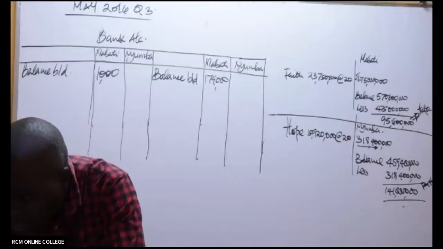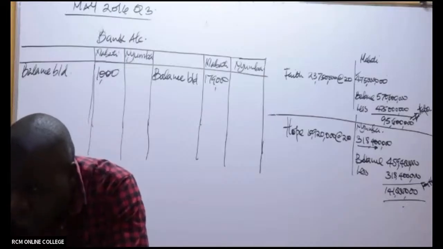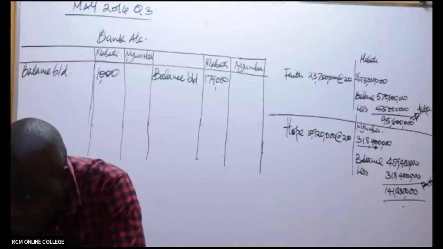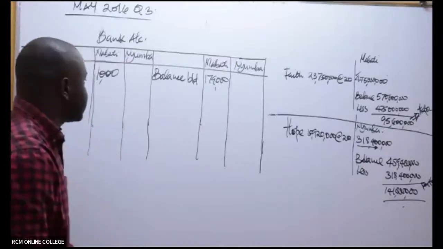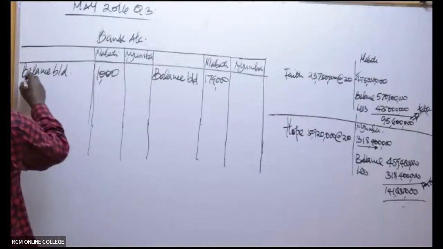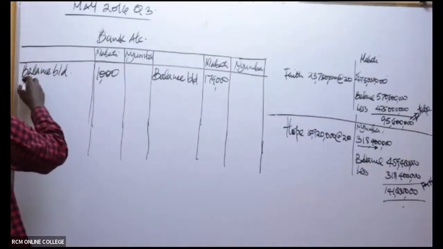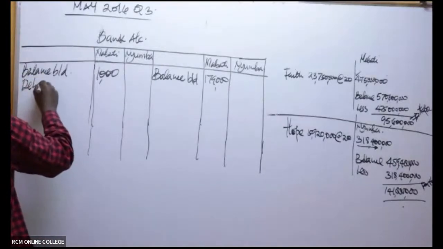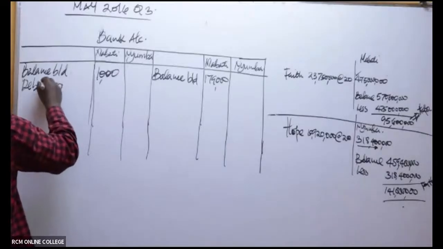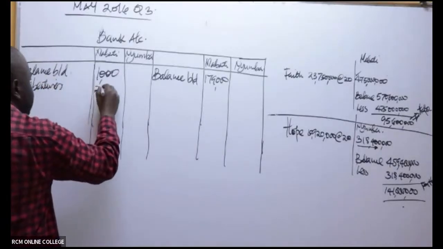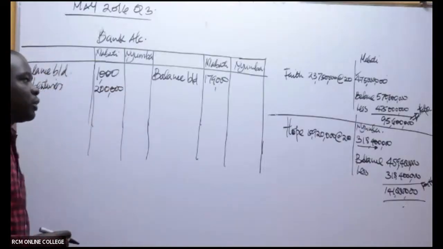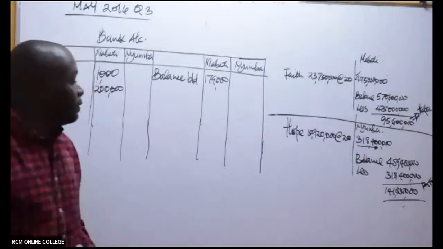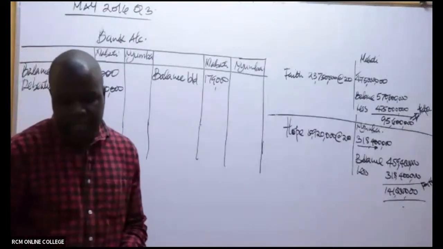So they raised money by selling debentures, and the money they raised was 200 million. But when they sold this debenture, they incurred an expense of 7 million.